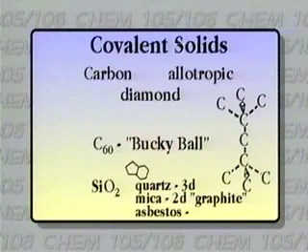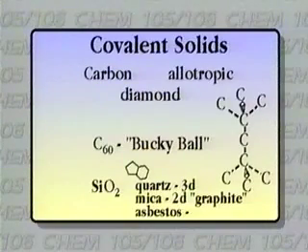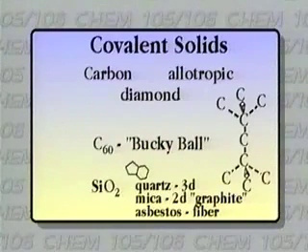And finally, this one has been in the news for the past 10 years and still keeps showing up, and that's asbestos. Asbestos comes in a fiber, a long continuous chain of these SiO2s, so it's a fiber type material.